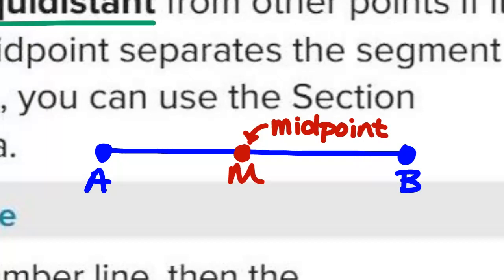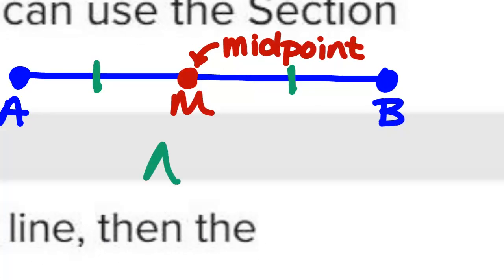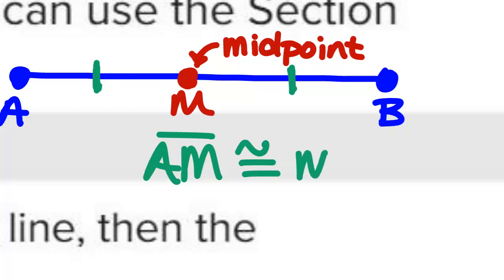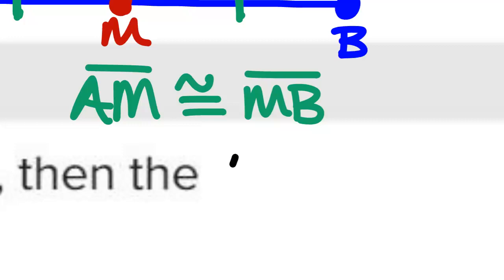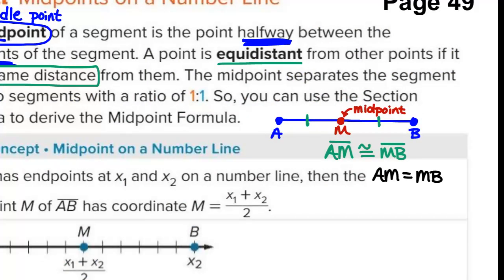So I would know that segment AM is congruent to segment MB. If point M is my midpoint, then by definition, those segments would be the same length. So I could say that the length of segment AM is equal to the length of segment MB.